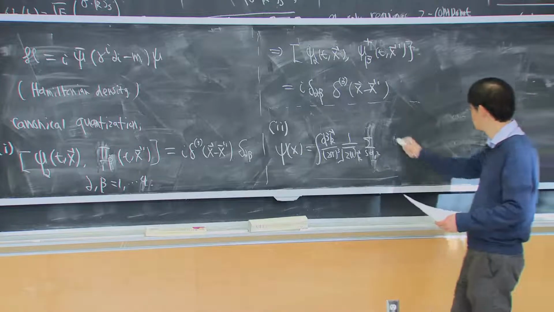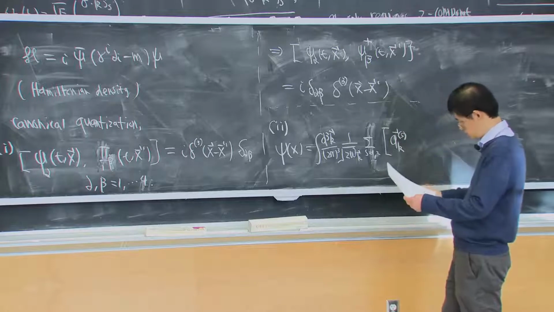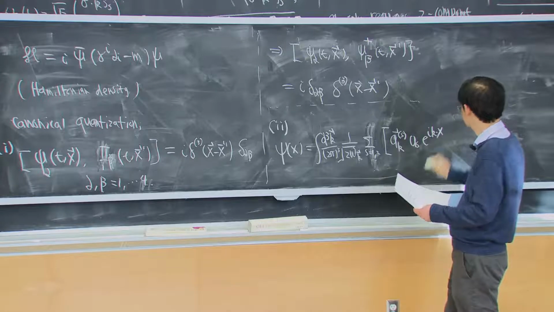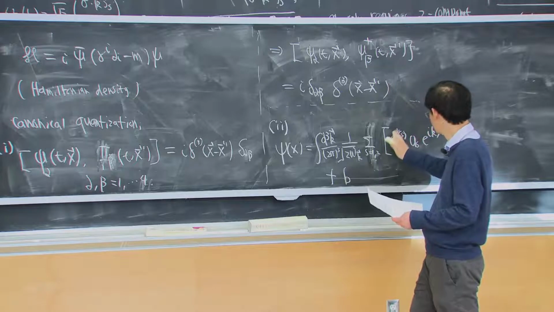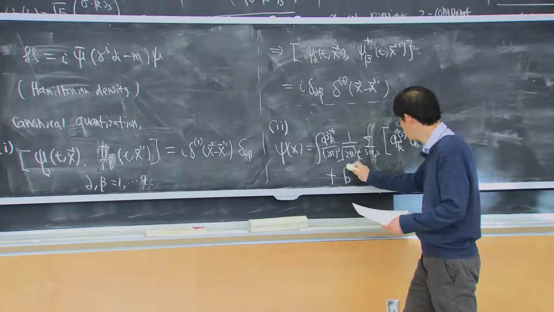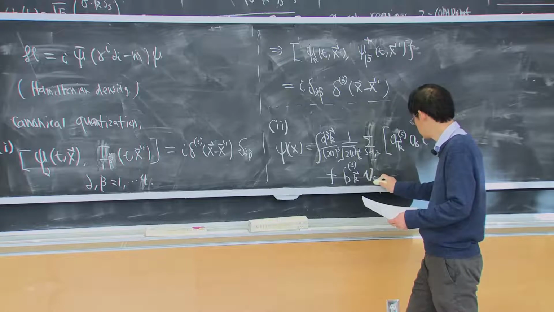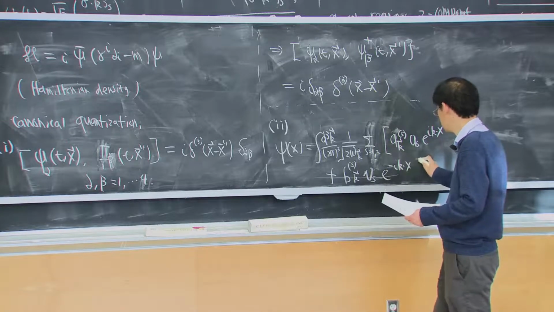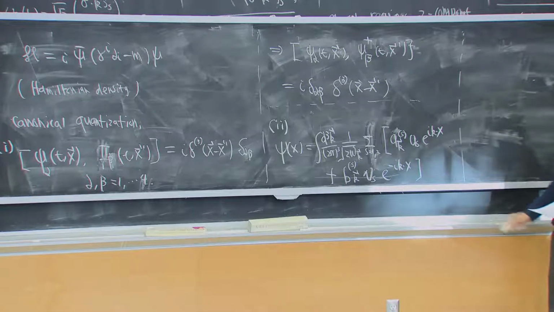We have a_k^s u^s e^{ikx}, plus b_k^s v^s e^{-ikx}.